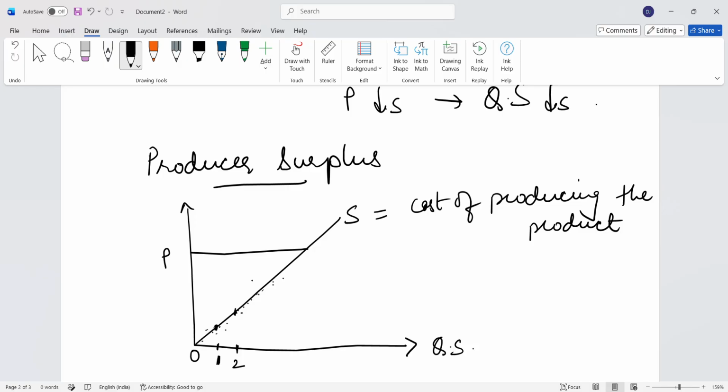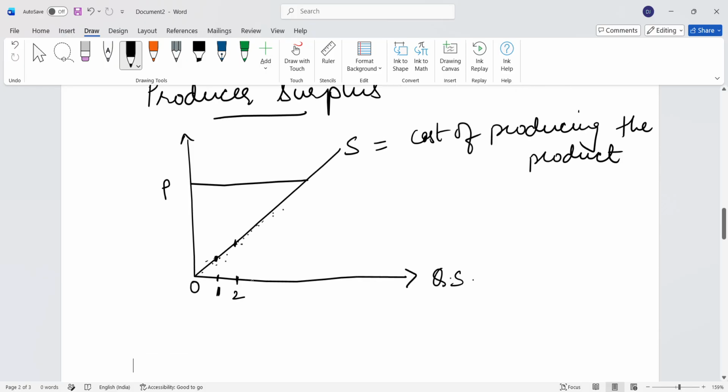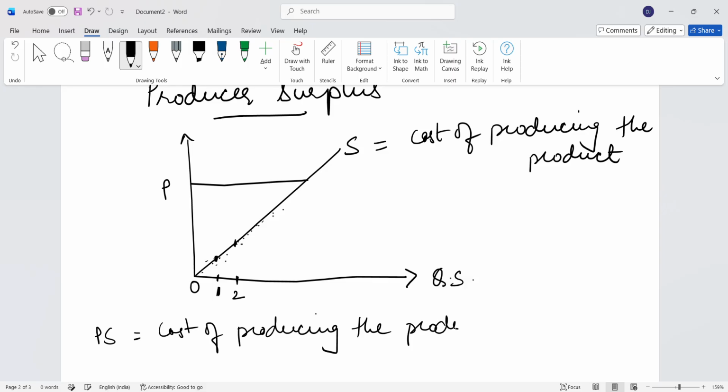So producer surplus is nothing but the difference between the cost of producing the product minus, or subtracting, the market selling price of the product.